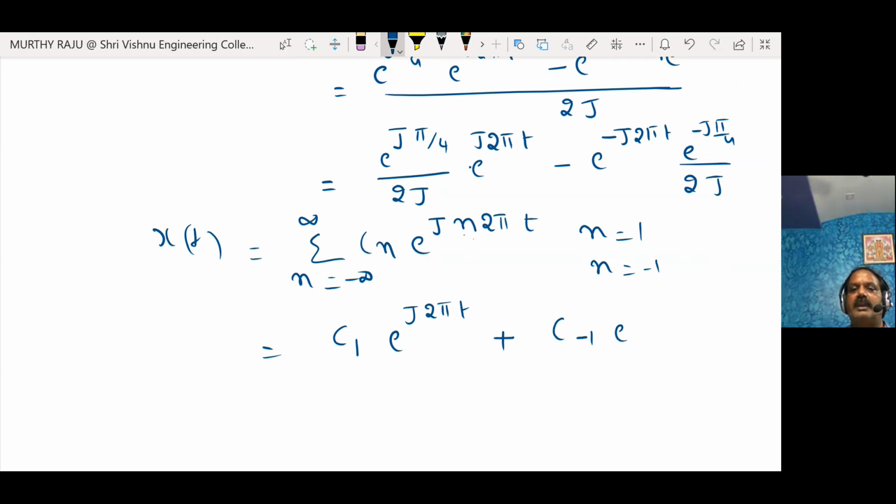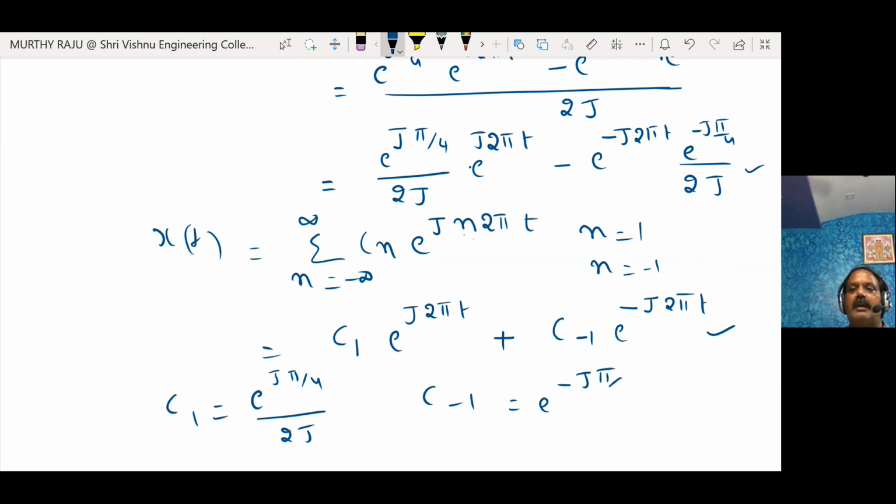Compare this equation and the earlier equation. The value of C1 is e power j pi by 4 by 2j, and C minus 1 is e power minus j pi by 4 by 2j.